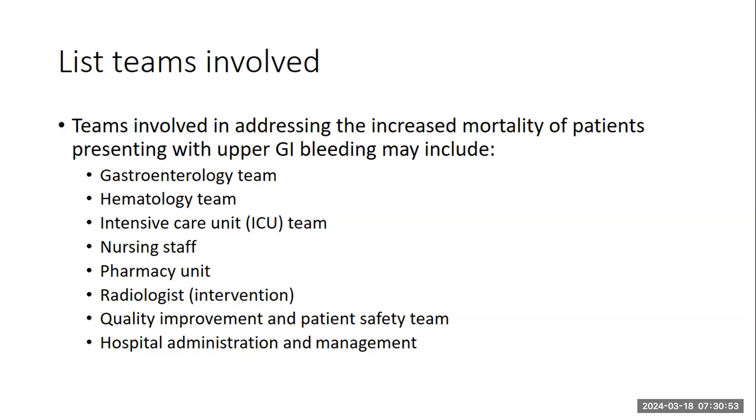Then you set up a target with a timeline, that within this period, let us see how many people that come in with upper GI bleeding we are going to be able to save with this improvement in our services. So you set a target, at least 80 to 90% of patients coming in with upper GI bleeding should survive.